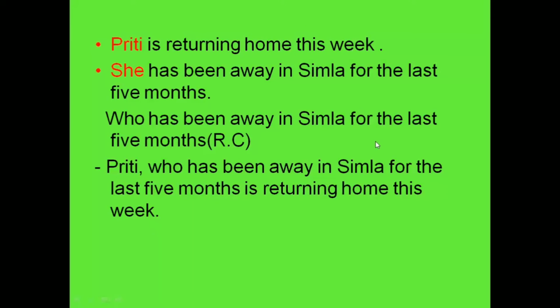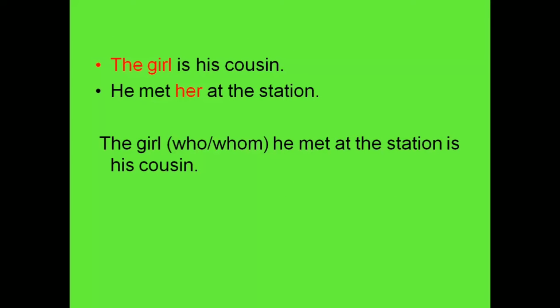Here the relative clause doesn't identify the antecedent Preeti because it has already been identified. It gives some extra information about the antecedent. So this relative clause is called a non-identifying, non-defining, non-restrictive relative clause. Okay, let us come to the next. We separate the non-identifying relative clause from the main clause by two commas, one placed before and another after the relative clause.